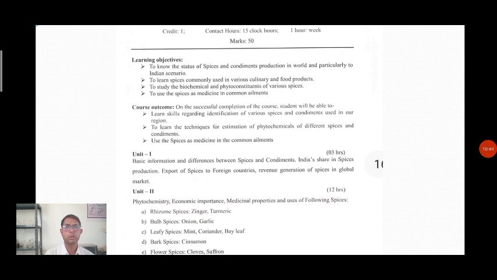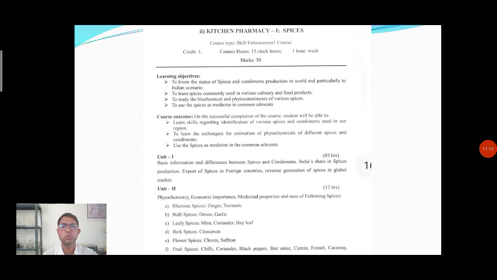Now unit number 2 is totally related to phytochemistry, economic importance, medicinal properties and uses of the different spices. This unit 2 includes rhizome spices, ginger and turmeric, then bulb spices, onion and garlic, leafy spices, bay leaf, coriander, and bark spices including cinnamon.